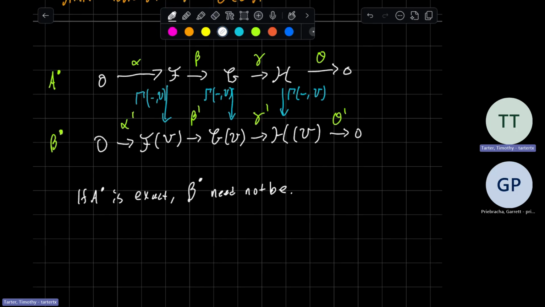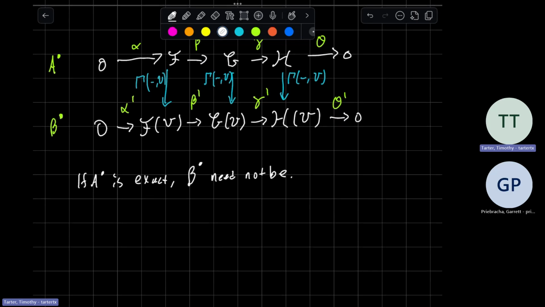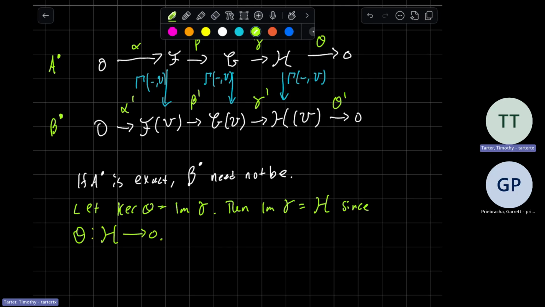The idea here is that exactness will break at H. So let ker theta equal im gamma. Then im gamma is equal to H, since theta goes from H to 0.